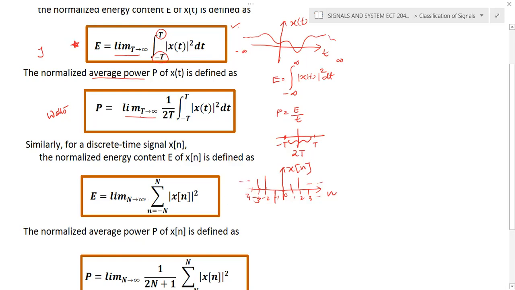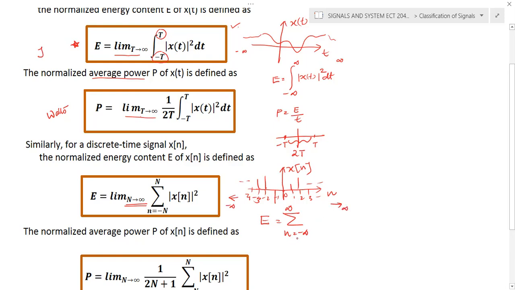For such discrete time signals, we will use the formula energy E is equal to limit n tending to infinity. Here, instead of t, we will use n, and instead of the integration symbol, we will use sigma. So energy E is equal to sigma n equal to minus infinity to infinity. Towards this side it's minus infinity, towards the right it's infinity.